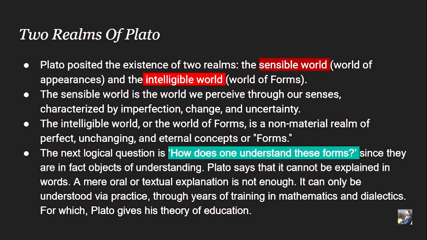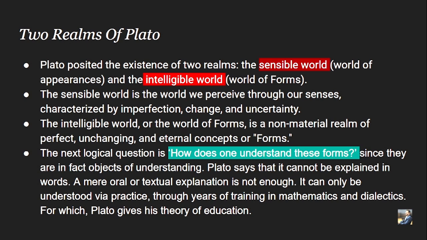It will continuously change, and it will be imperfect, changing, and uncertain. And again, the intelligible world, or the world of forms, is a non-material realm of perfect, unchanging, and eternal concepts of forms. As Parmenides said, there is also permanence in this world. So Plato gives the idea of the intelligible world, or the world of forms, which is non-material, unchanging, and eternal, like long-lasting or everlasting in nature.